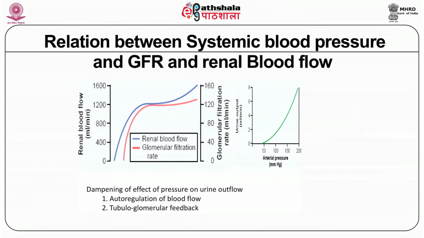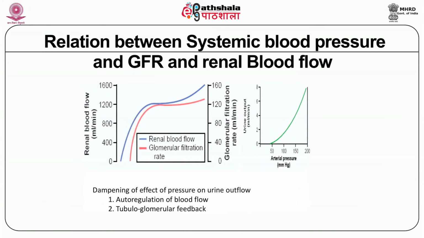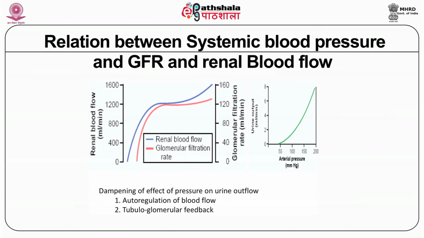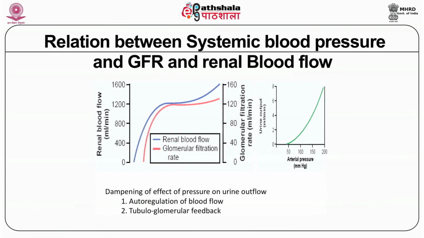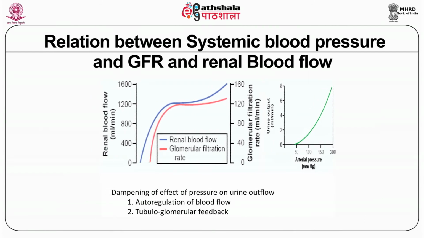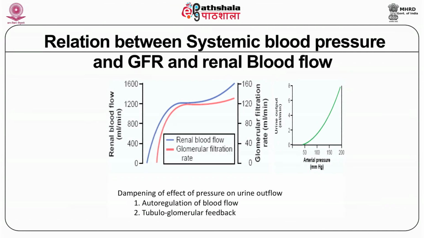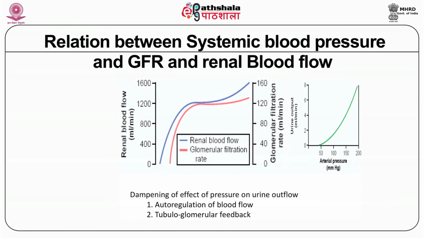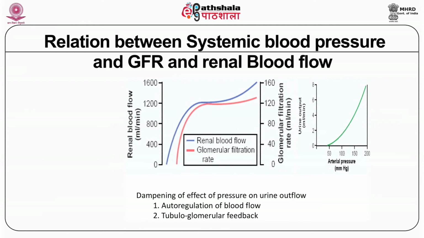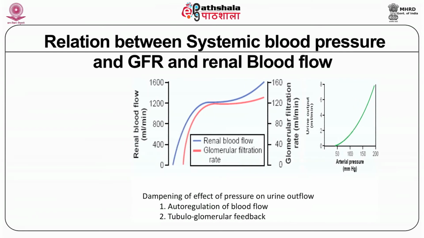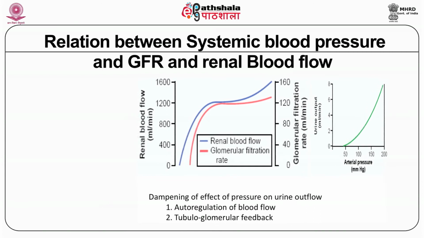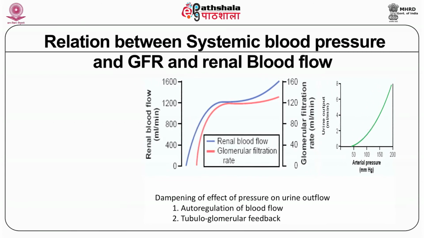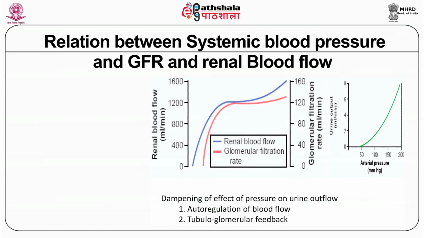This dampening effect on the blood pressure requires some autoregulatory mechanisms that are present in the kidney. The figure shows the dampening of the effect of pressure on urine flow. The dampening effect is due to the autoregulation of blood flow and the second is tubuloglomerular feedback, which I will be telling you about.